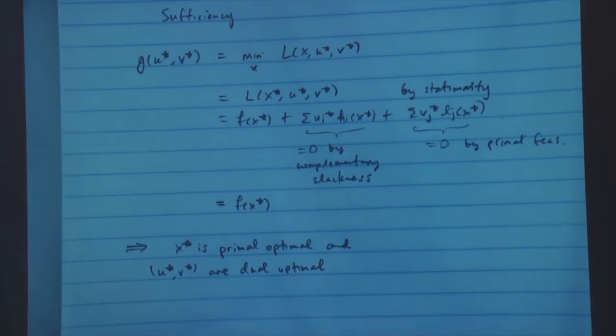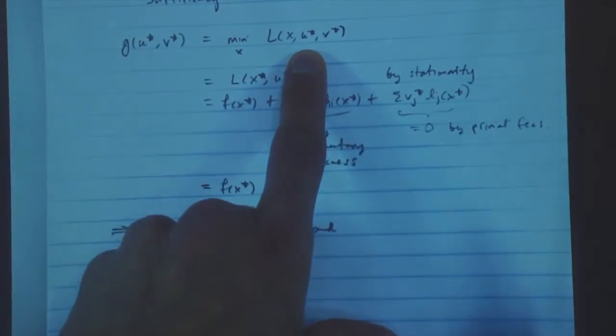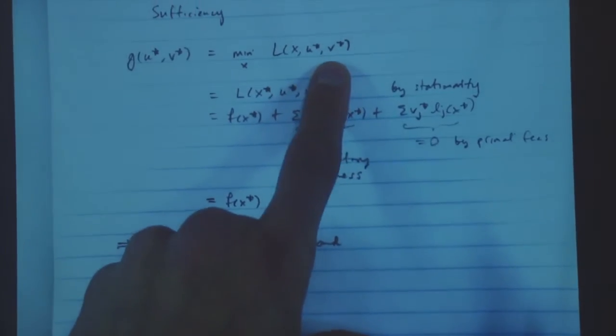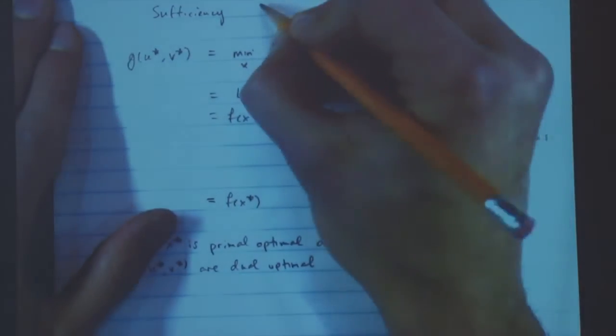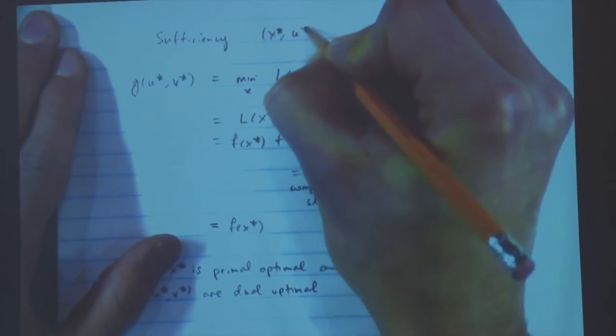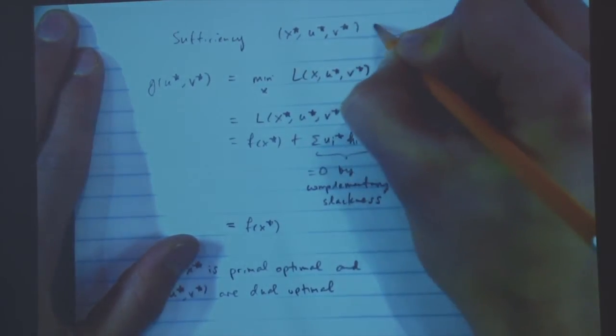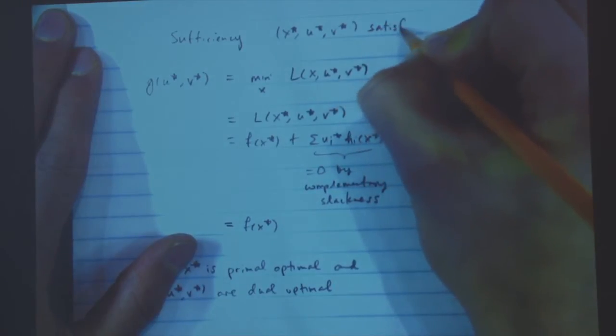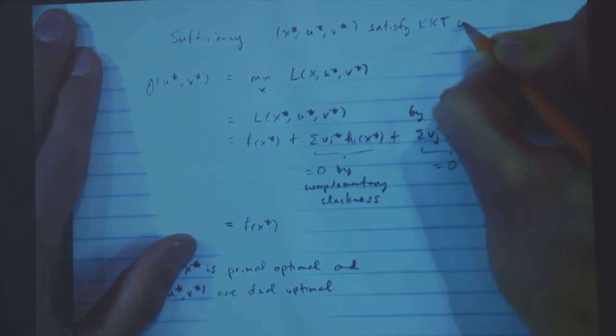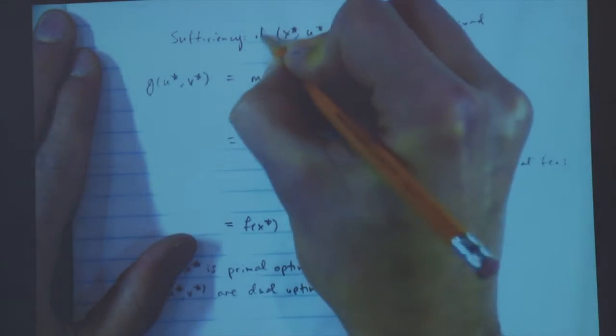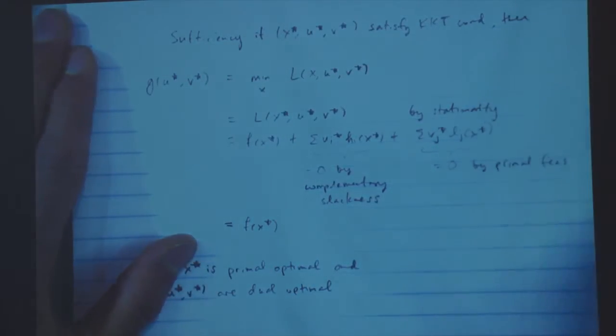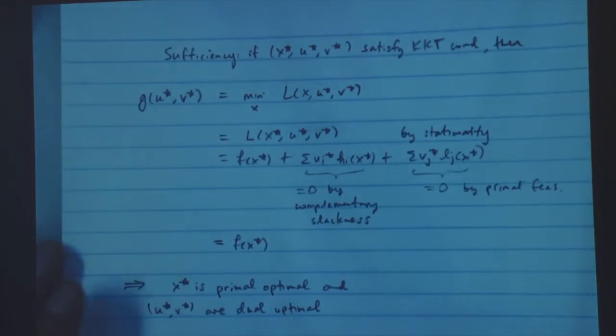Yeah? The stationarity condition implies that for this function, the Lagrangian, its minimum over x is achieved at x star. So the assumption here is that x star, u star, and v star satisfy the KKT conditions. If these satisfy the KKT conditions, then the following steps hold.